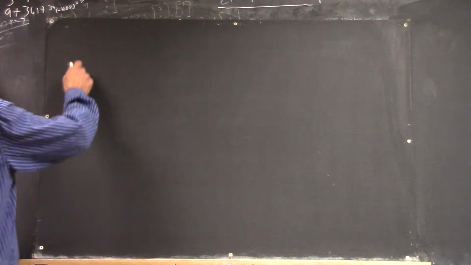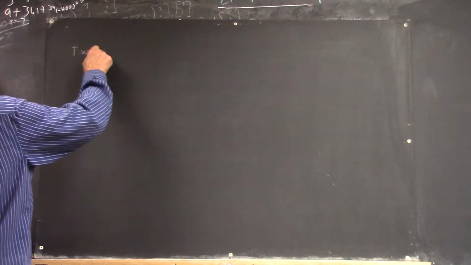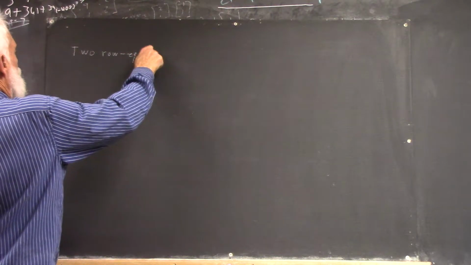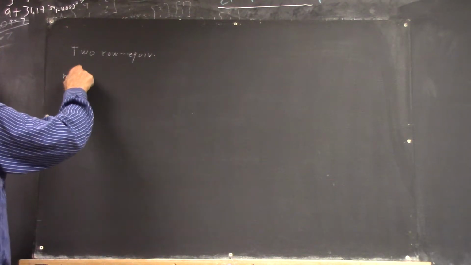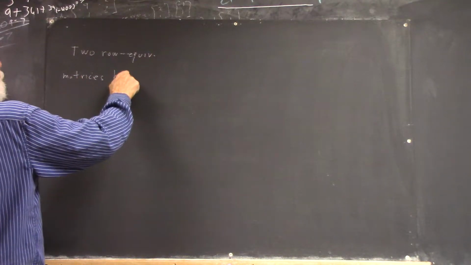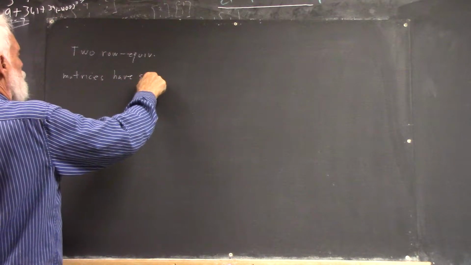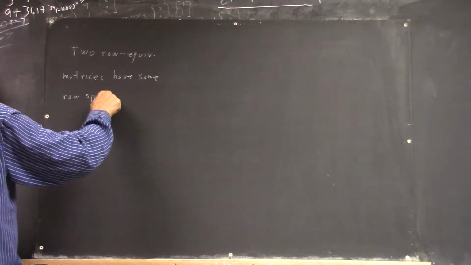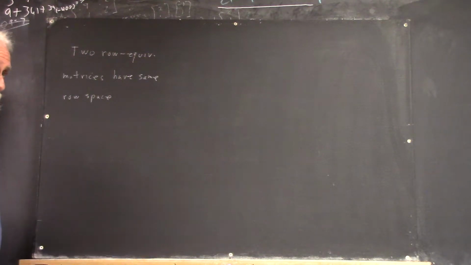There's a theorem that says that two row equivalent matrices have the same row space.